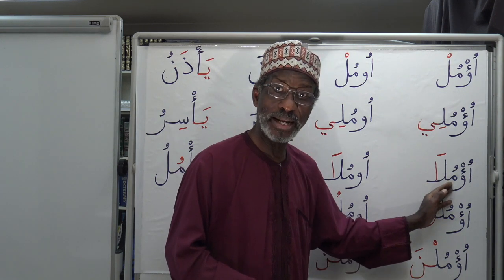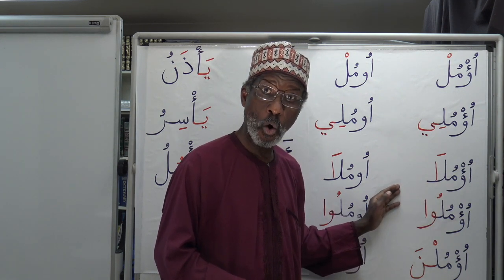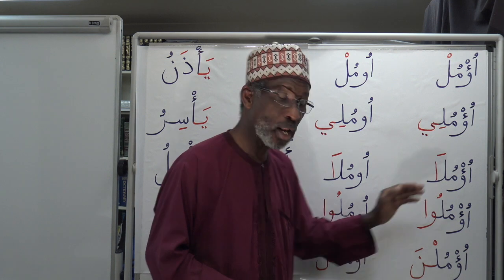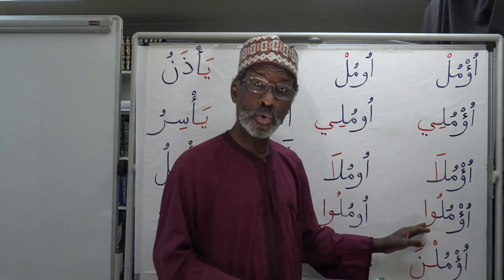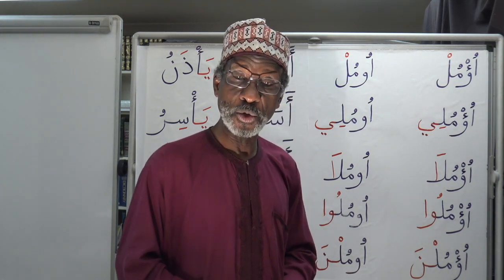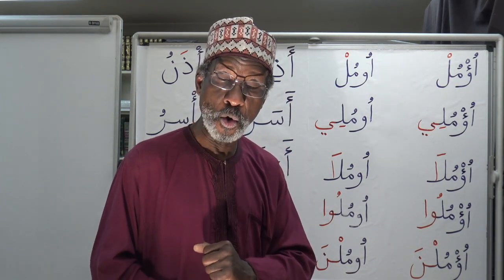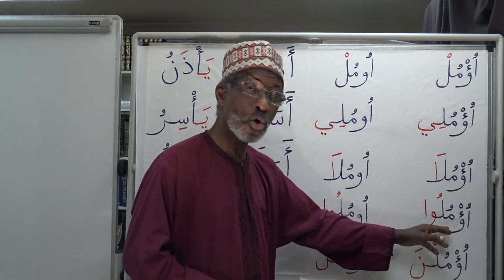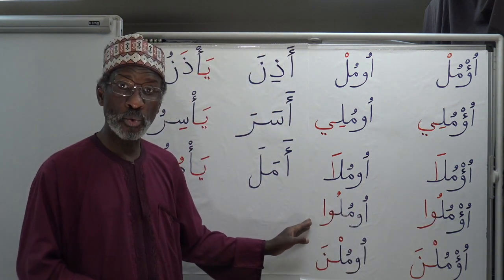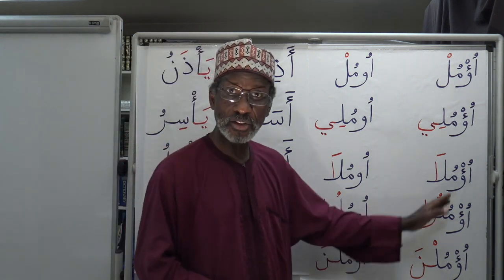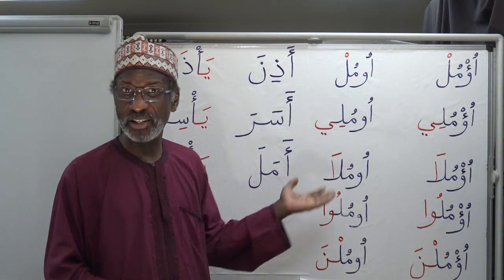Mula. That's commanding two masculine or two feminine. Umula or mula. Mulu. That is for masculine plural, three or more men. Umulu or mulu. You may see them in these two versions. Don't say one is wrong. It's fine.